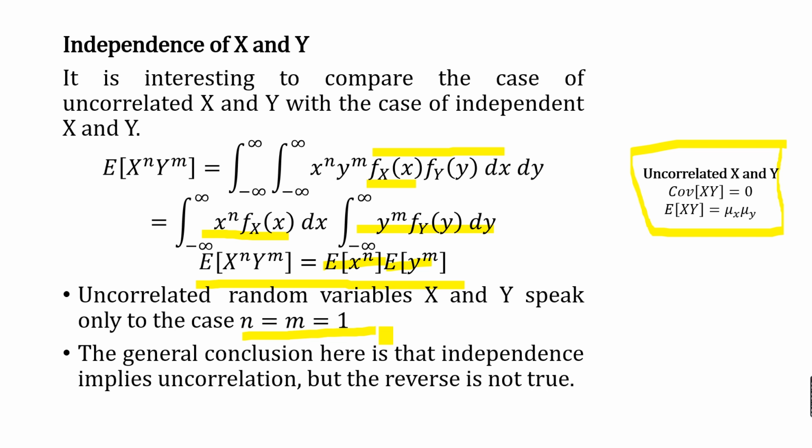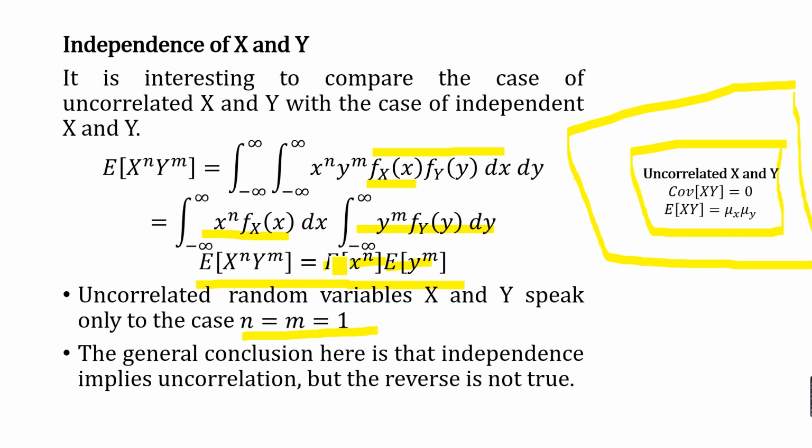Based on this concept, we conclude one thing: independence implies uncorrelatedness, but the reverse is not true. You can say that if power n is equal to m is equal to 1, then it is independent as well as uncorrelated, but the reverse is not true.